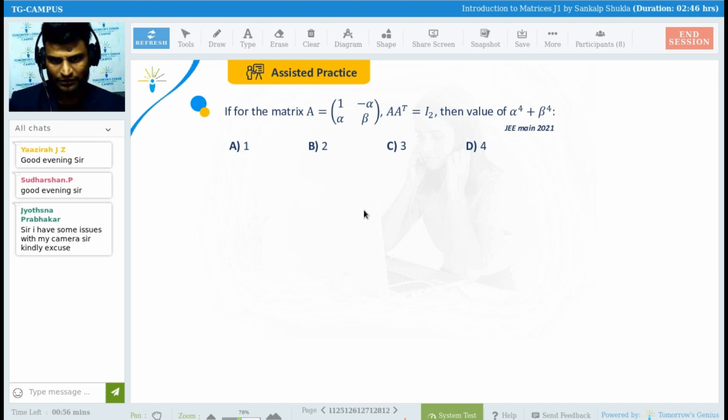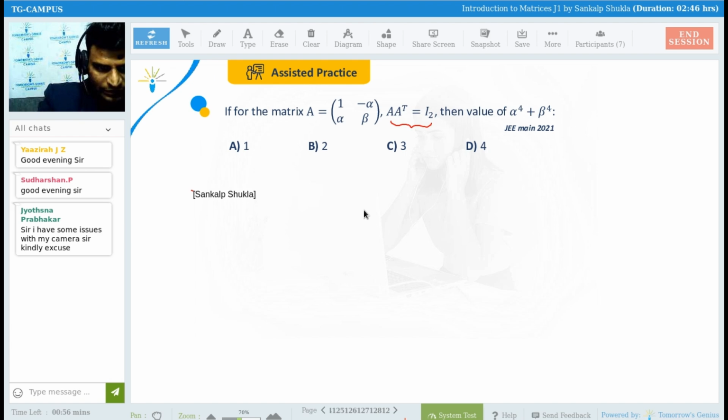So the answer to this question, has anybody got the answer for this? Okay, this is saying that A transpose A is equal to I2. Now, this means that this matrix is what? I've told you the condition for an orthogonal matrix: the matrix times its transpose is equal to identity. Fine.